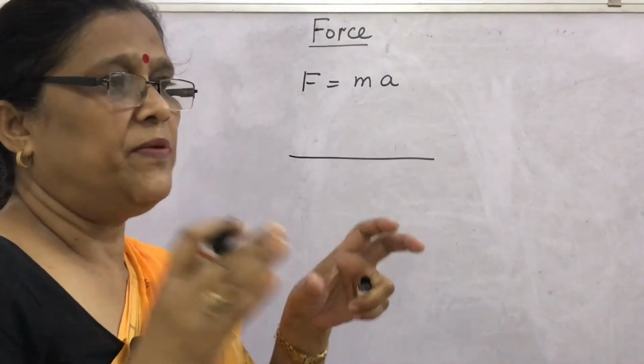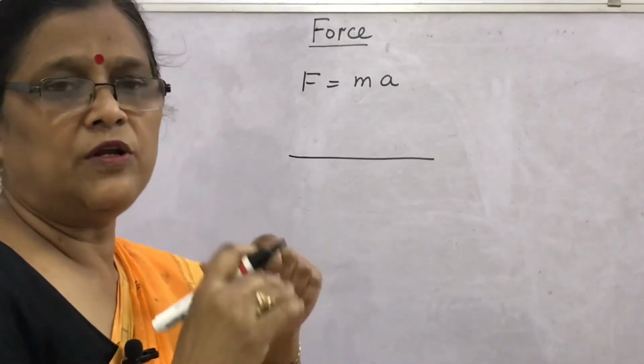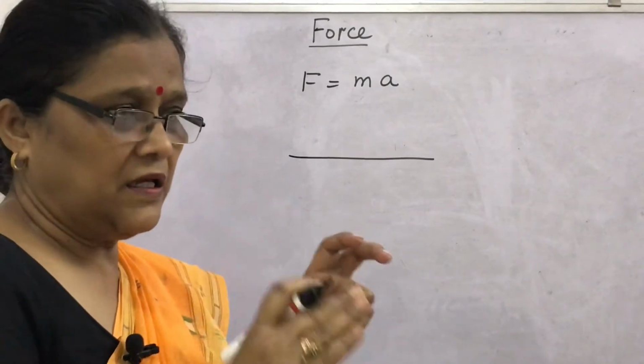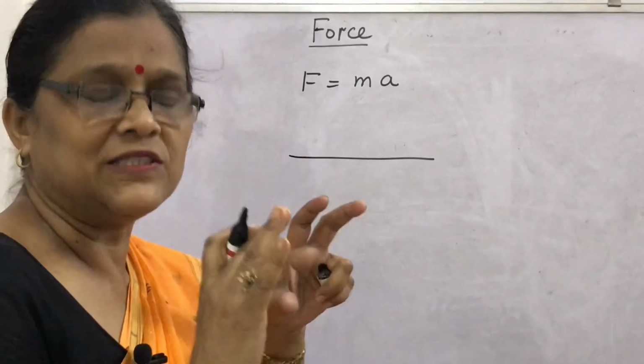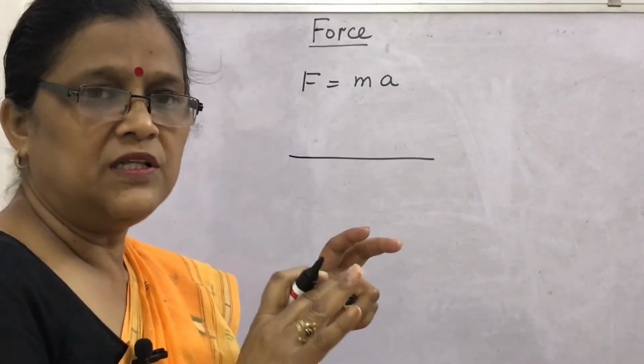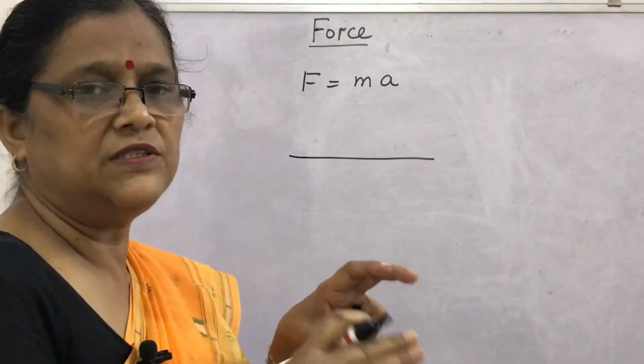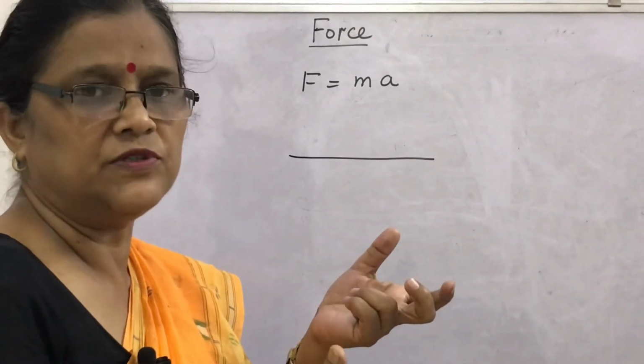Similarly, if you apply two or more forces on an object and a non-zero acceleration is produced in the object, then such a set of forces is said to be unbalanced force.